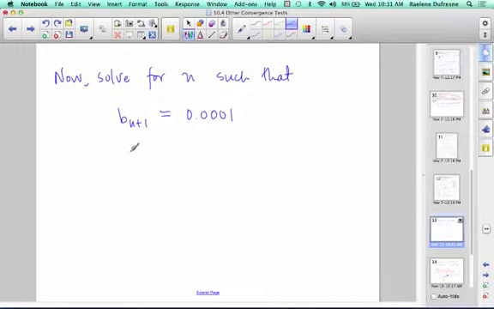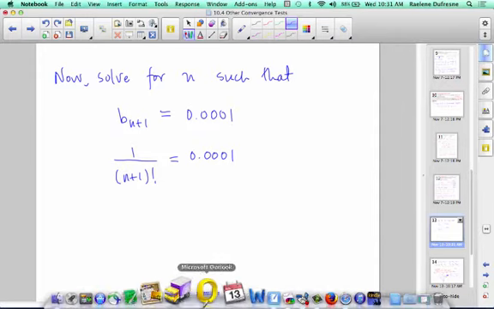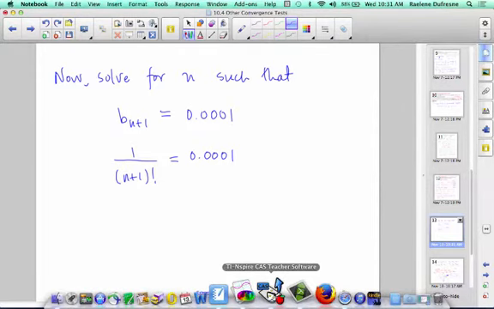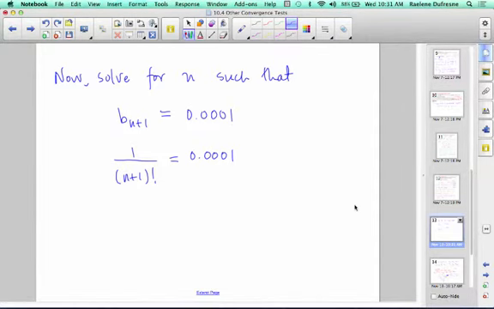Bn plus 1 we know is 1 over n plus 1 factorial. And this is not a solution that we can find by hand, so we can look graphically or use some kind of graphing program. And if we do that, first of all, I'm going to reciprocate both sides.